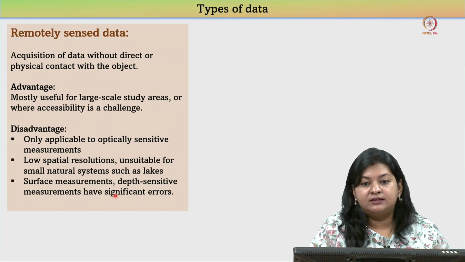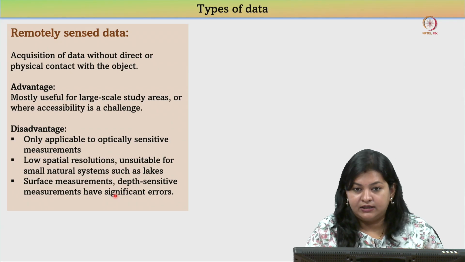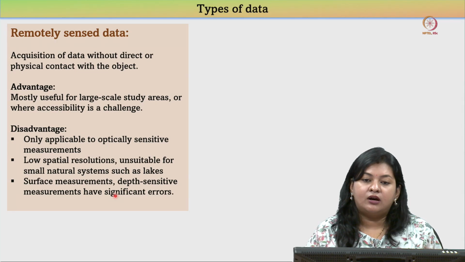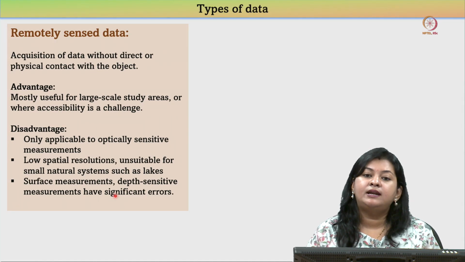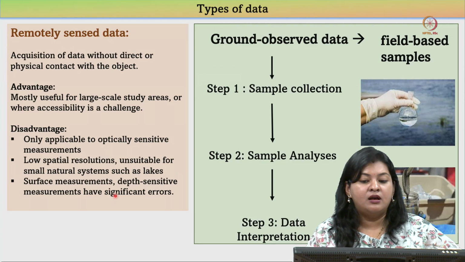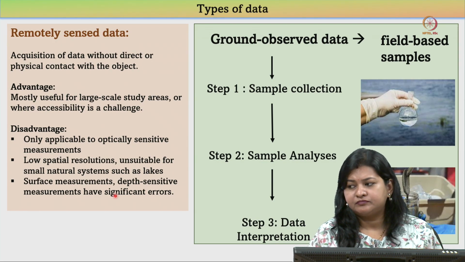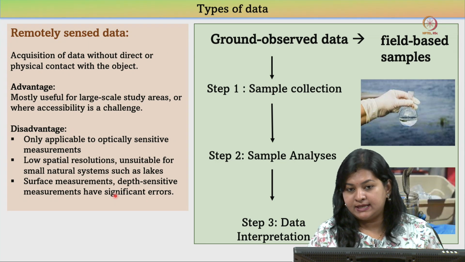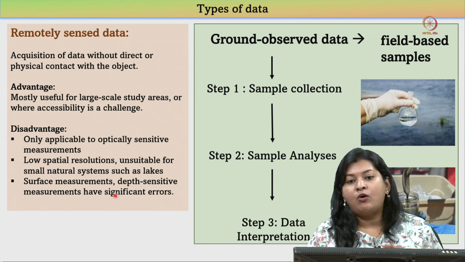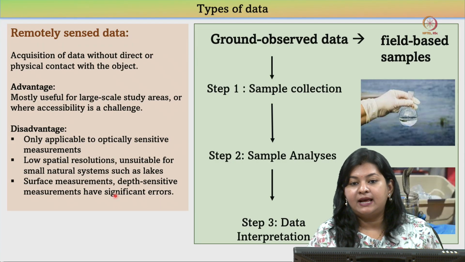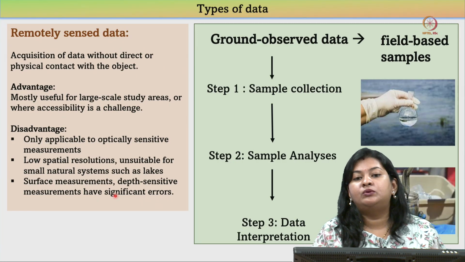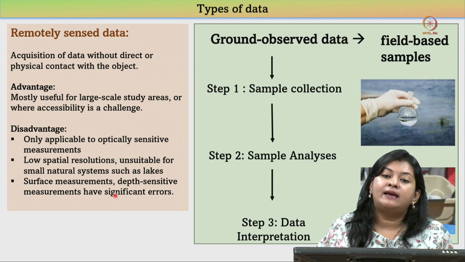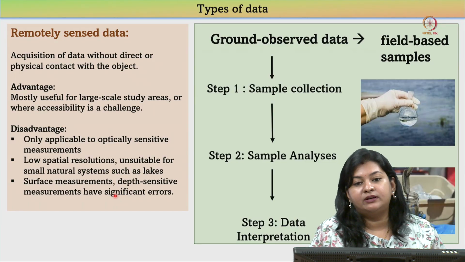So, given these advantages and disadvantages, there is another kind of data that is a lot more preferred in aquatic geochemistry, and that is the ground observed data. Even though we use a lot of remotely sensed data, ground data always has to be collected and validated with the remotely sensed data. If the remotely sensed data lacks validation, then most of the time it cannot be used for any kind of scientific research purpose.